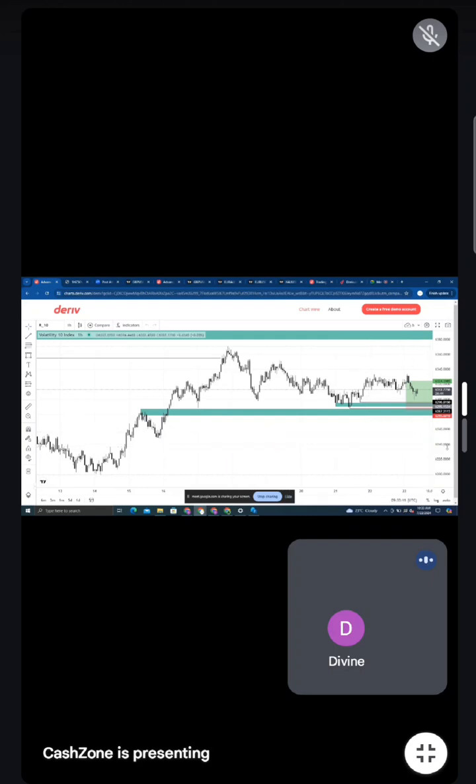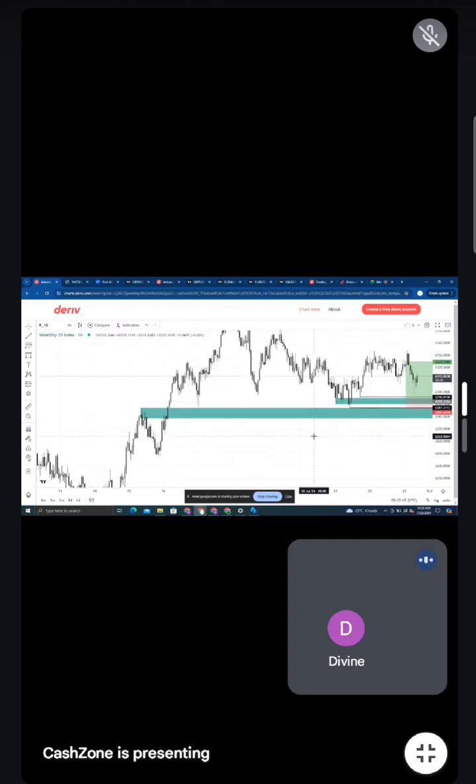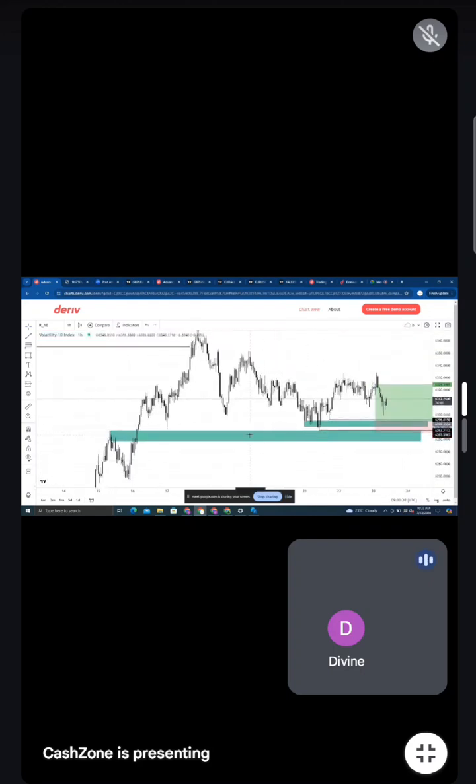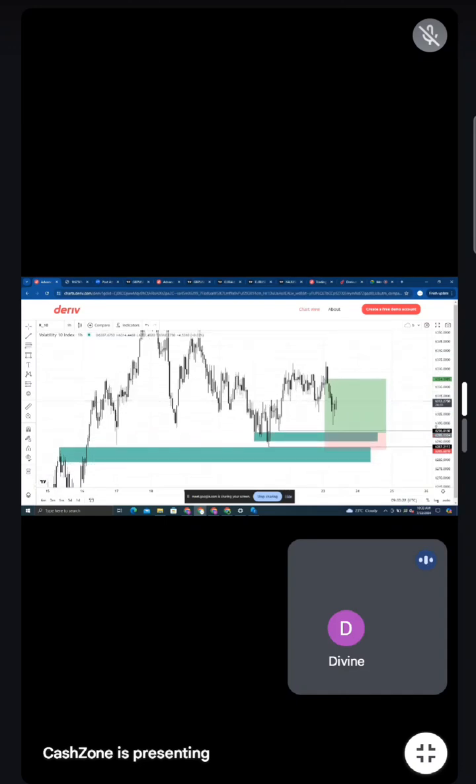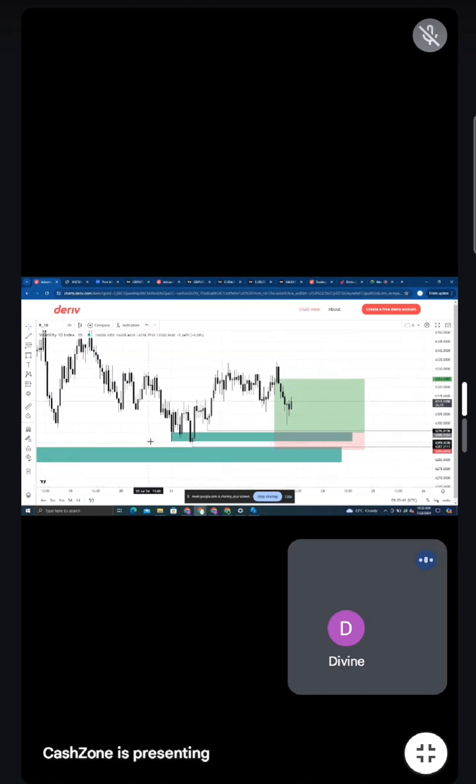Alright, so this is what I'm expecting here. This first entry point was a breaker block entry where you can see inducement. Forget about that one. This one is not making me skeptical, although price didn't actually tap into this breaker block very well. But all the same, see what I'm expecting. This is 1 hour Volatility 10 index.